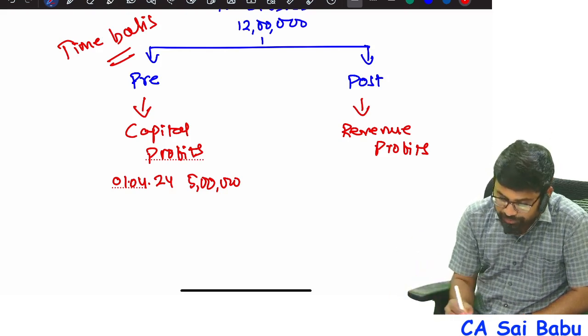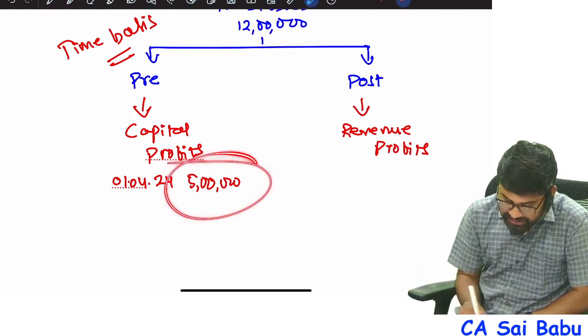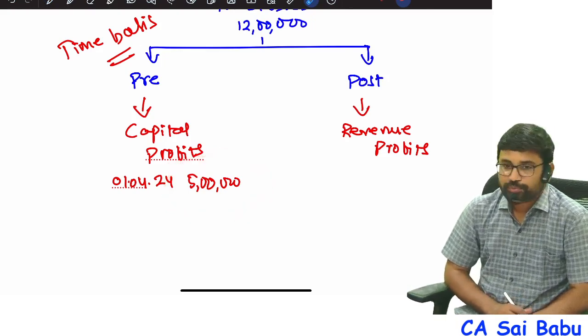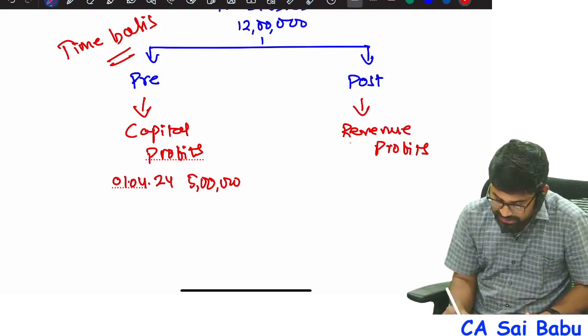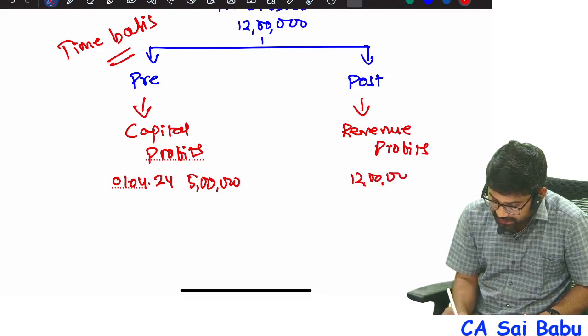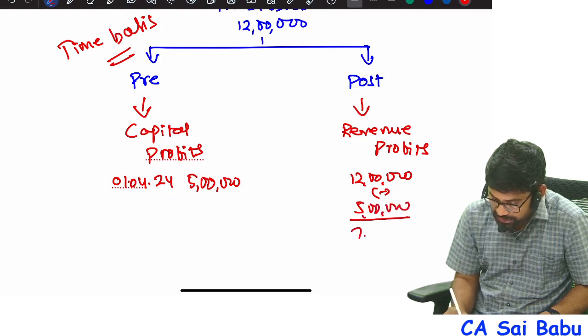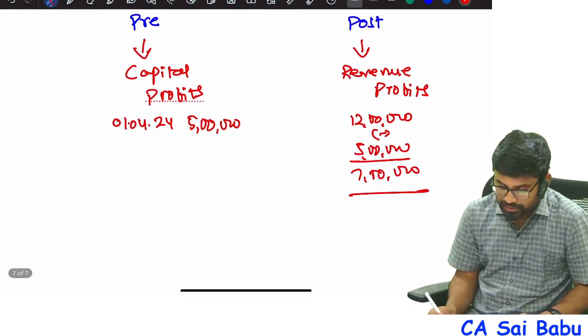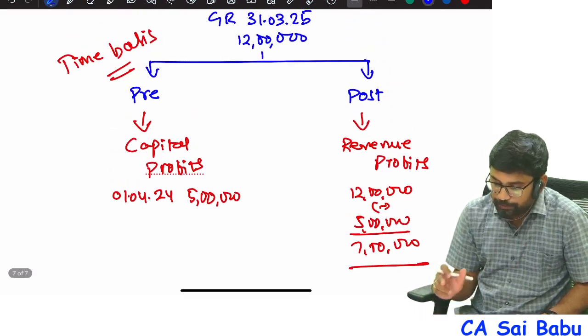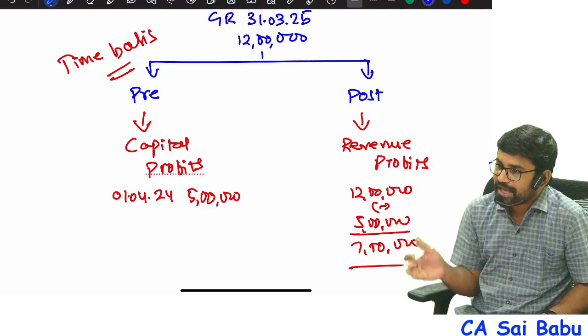So from the subsidiary's point of view, this 5 lakhs is capital profit, pre-acquisition profit. That means what will be the post-acquisition profits? The remaining balance, 12 minus 5, 7 lakhs, is the post-acquisition profits. So suppose, for example, the parent company acquired the subsidiary exactly in the middle of the year.